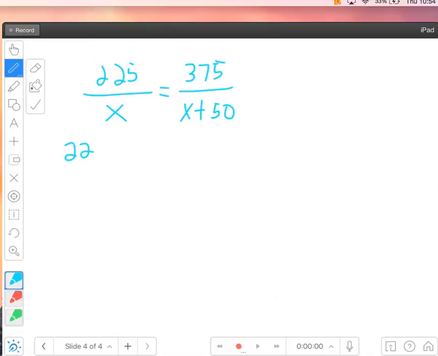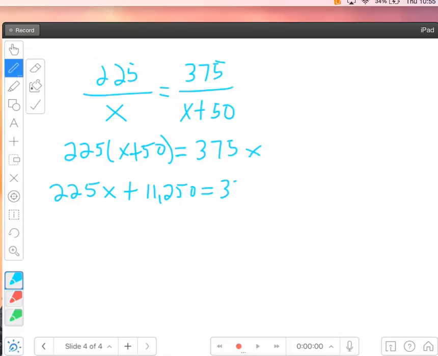If we do that, we'll have 225 times X plus 50 equals 375X. We then distribute the 225 into the binomial on the left-hand side and get 225X plus 225 times 50, which equals 11,250.